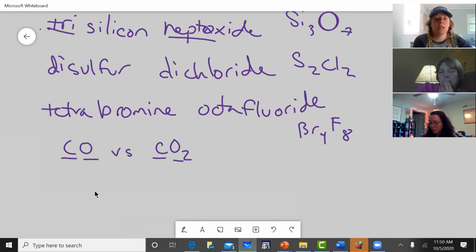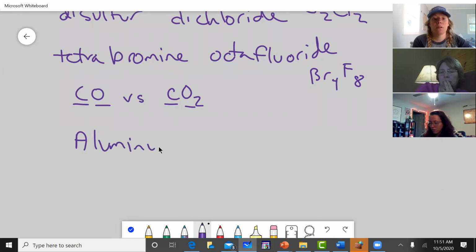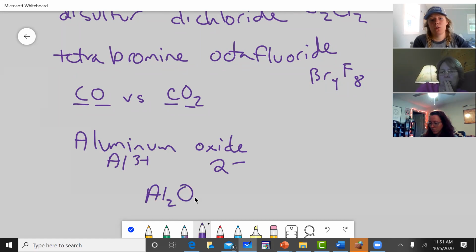Versus something like this, if I say aluminum oxide, I don't use prefixes and I don't need prefixes because aluminum has a 3+ charge, oxygen has a 2-. When I flip-flop, I'll get Al2O3.